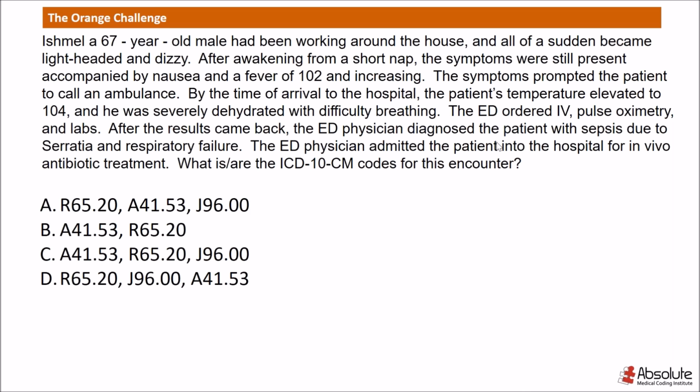The ED ordered IV, pulse oximetry and labs. After the results came back, the ED physician diagnosed the patient with sepsis due to Serratia and respiratory failure. The ED physician admitted the patient into the hospital for IV antibiotic treatment.